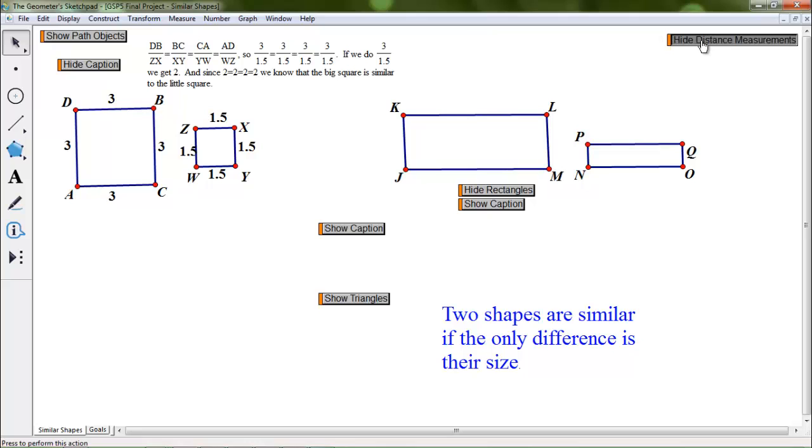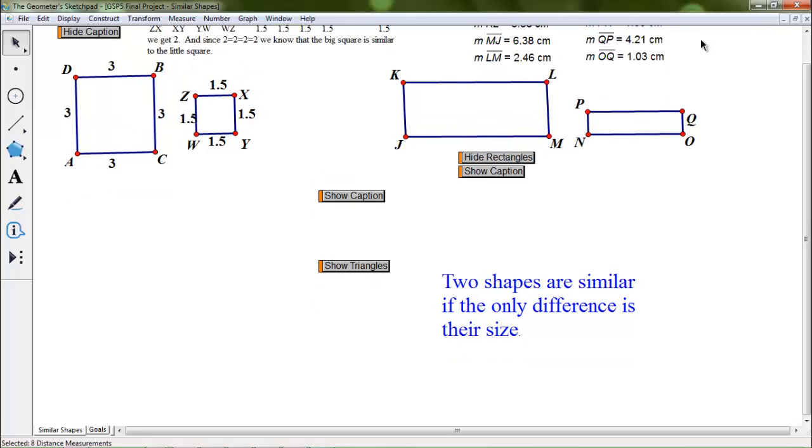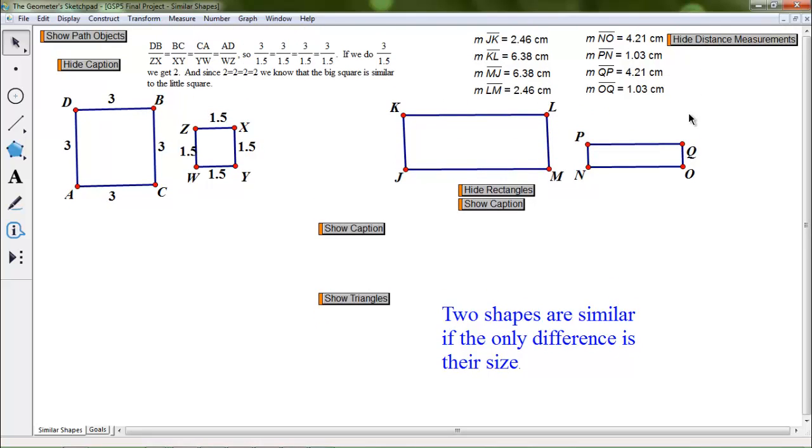So I already got the distance measurements of all the sides, and we find out that KL is 6.38 centimeters and PQ is 4.21 centimeters. In order to find the equation, we do it like how we did the equation over here, where we put one on top of the other.